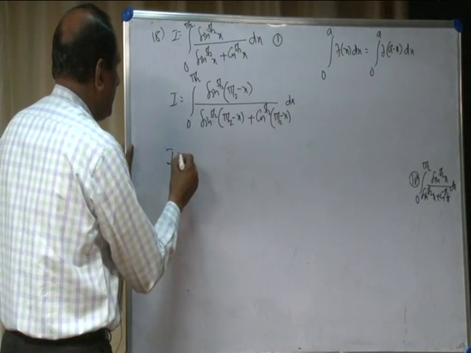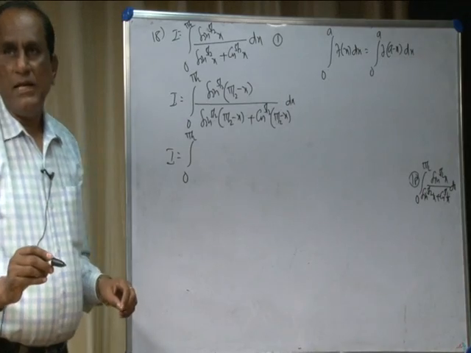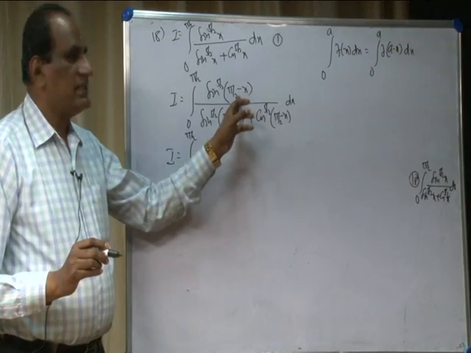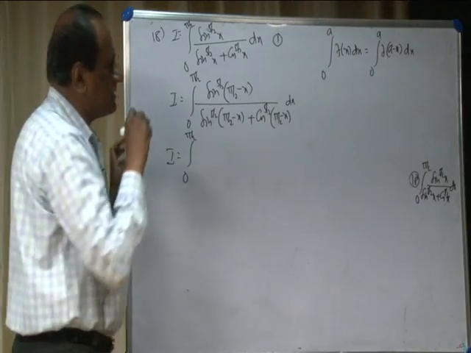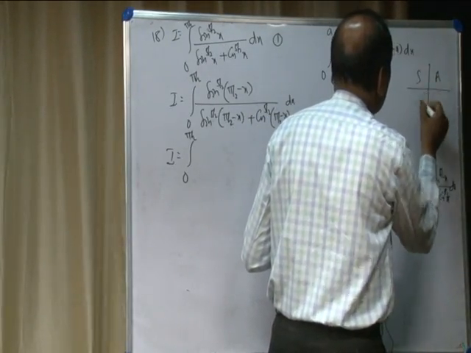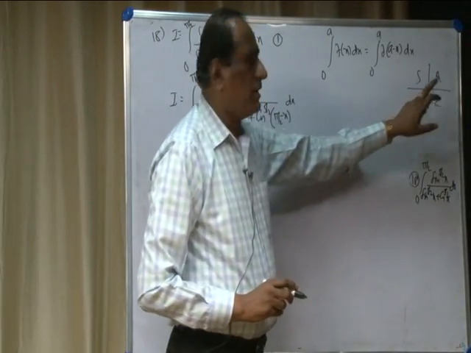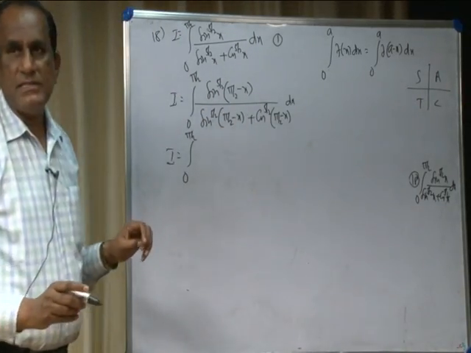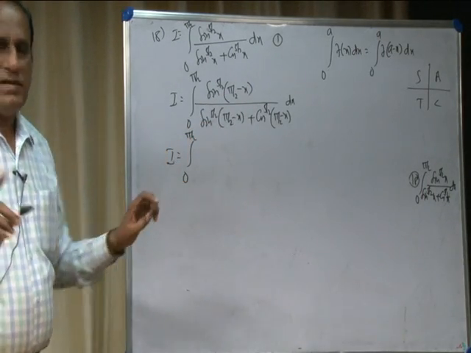So, I is equal to integral from 0 to pi by 2 of sin power 5 by 2 of pi by 2 minus x. Pi by 2 minus x is 90 minus theta, first quadrant. See here, observe this figure: all students take coffee, all functions are positive in the first quadrant. Here pi by 2 minus x is 90 minus theta, so all come under the first quadrant, all trigonometric functions are positive.